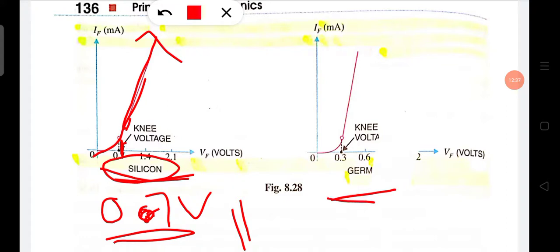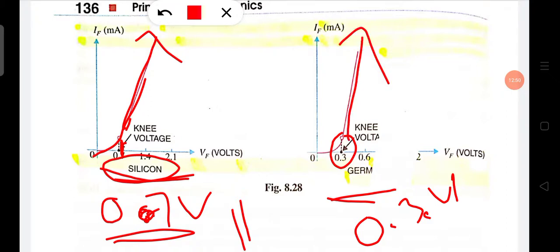But in germanium, this potential barrier is 0.3 volt. After giving 0.3 volt, the current increases rapidly, and the potential barrier is destroyed. Okay, thank you.